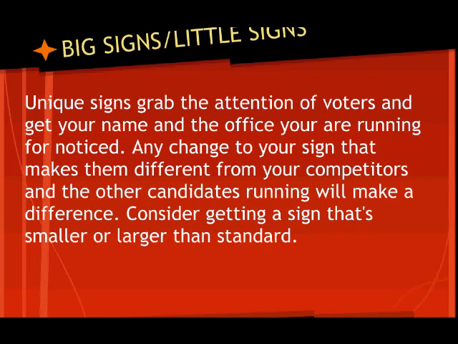And finally, you can make some subtle changes to the size of your sign to really differentiate it from your other opponents that you're running against, or the other signs that are out there more generally. If your sign's just a little bit bigger, just a little bit smaller, and of course there's exponential benefit to having even larger signs and smaller signs that are just going to make your sign stand out from all the other signs that might be a standard size.